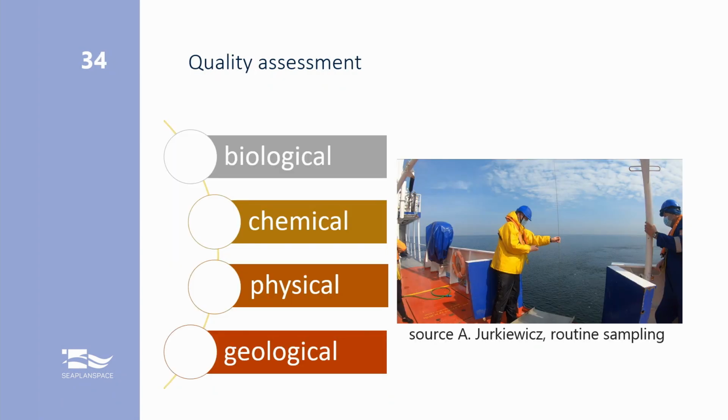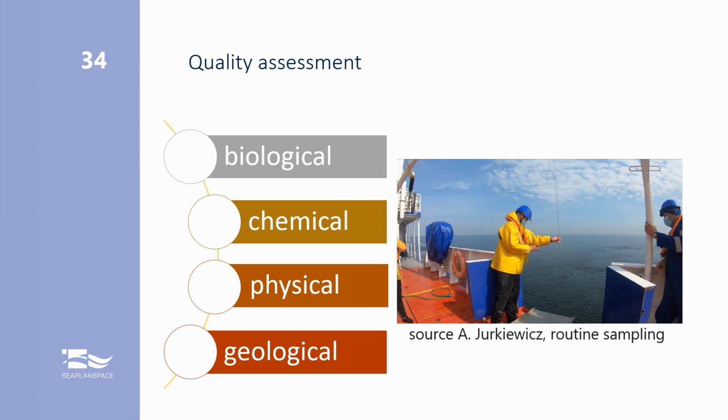Going back here, then we have still chemical, physical, and geological monitoring. Each of those is very important. Chemical monitoring is based on measuring the concentration of various chemicals directly in the water column and in the water sample and in the sediment.